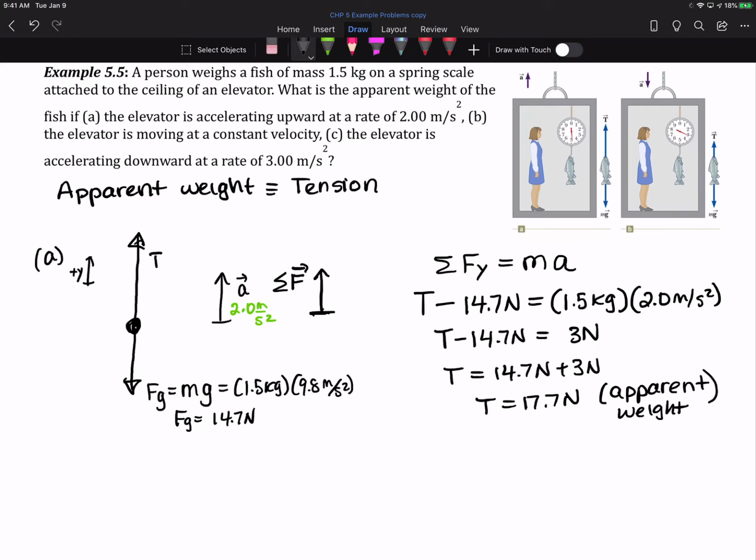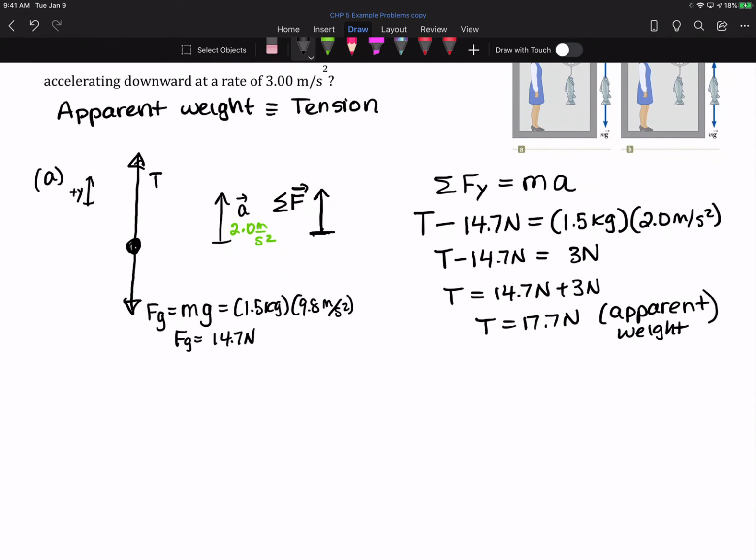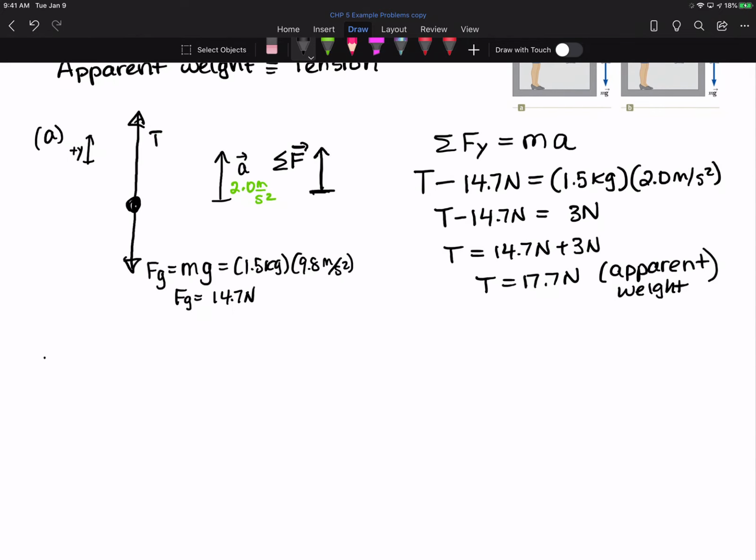We could actually use this same free body diagram for all 3 of these parts to the problem, but let's talk through it and see if we can draw the free body diagram with the lengths of the vectors appropriately. So in part B, the elevator is moving at a constant velocity. And if it's moving at a constant velocity, this means that the acceleration has to be equal to 0. And if the acceleration is equal to 0, it means that the net force acting on the fish also has to be 0.